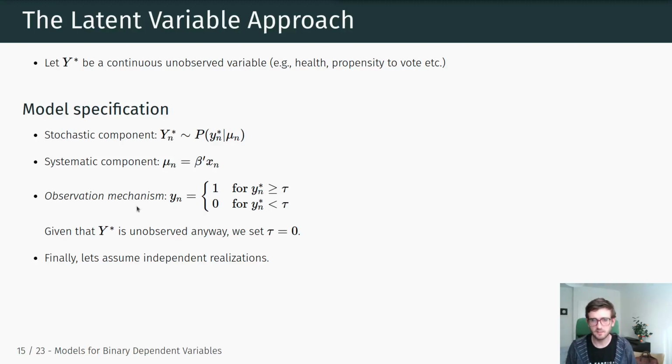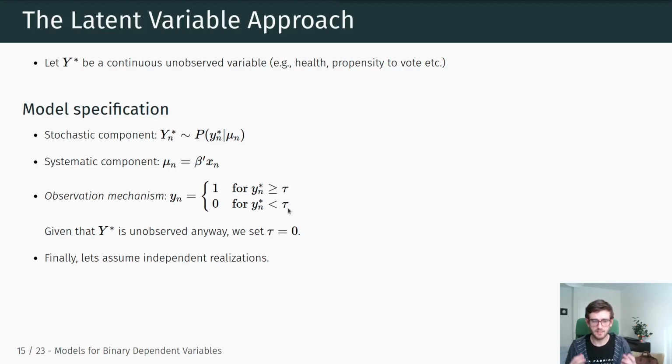And in our case, this is what we call yn, which is equal to 1 for all observations where this latent measure is larger than a certain threshold, which we call tau here, and is equal to 0 for any yn star that is smaller than this threshold tau. Okay, right? So it's still the same kind of setup. We have a dichotomous outcome that we observe.